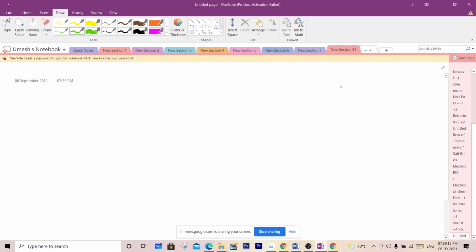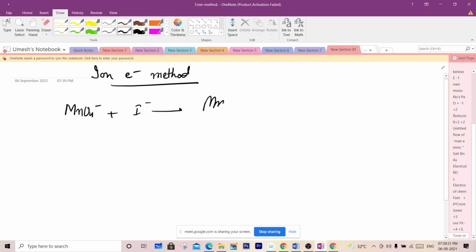Okay. Now the basic medium again, but now by the ion electron method. First step, writing the oxidation number.